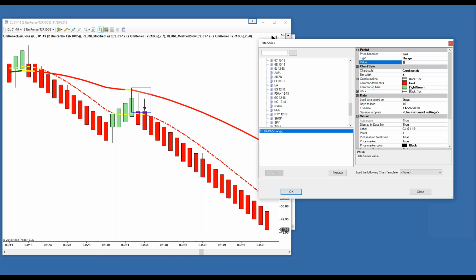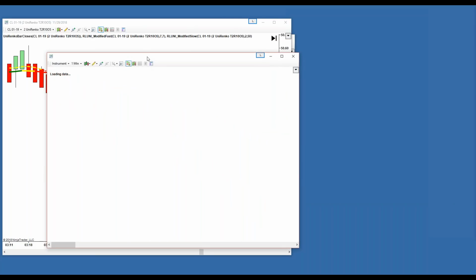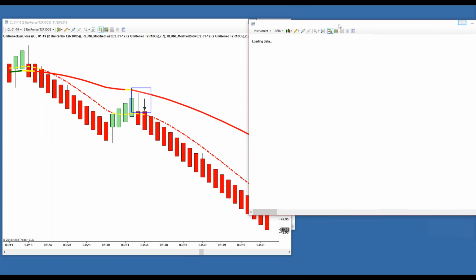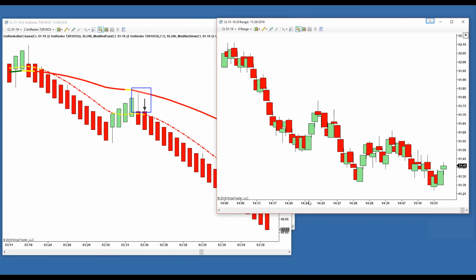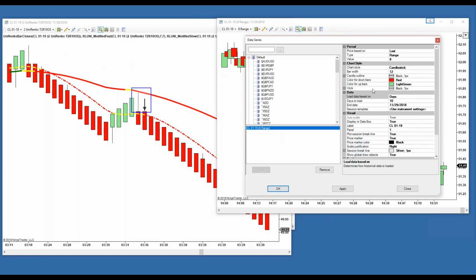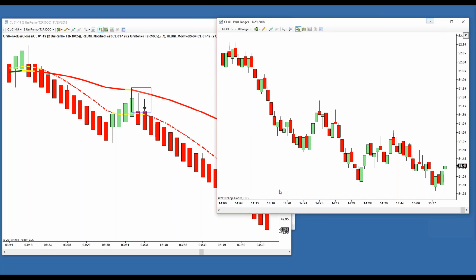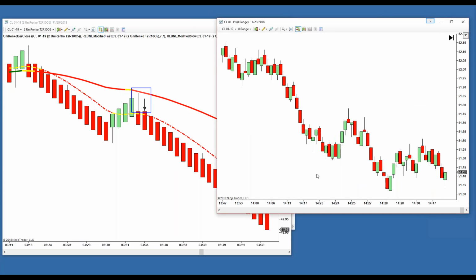And let's make the candle width a 9. That's too thick. Okay.